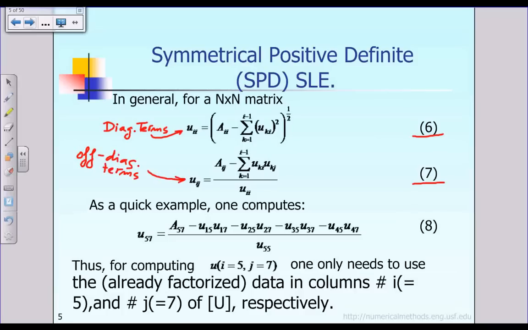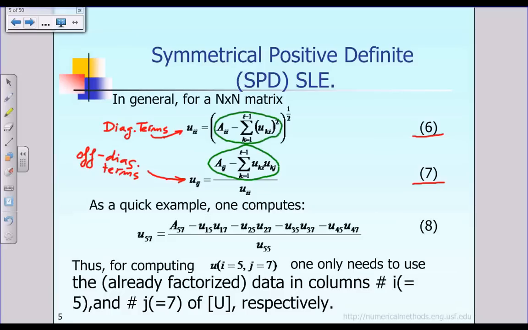So for any matrix with any dimension, we can factorize row by row according to equation 6 or equation 7, depending on whether you want to factorize the diagonal term or the off-diagonal term. Now, if you take a closer look at equations 6 and 7, you will see that the denominator of equation 7 turns out to be the same thing as the term under the square root of equation 6.